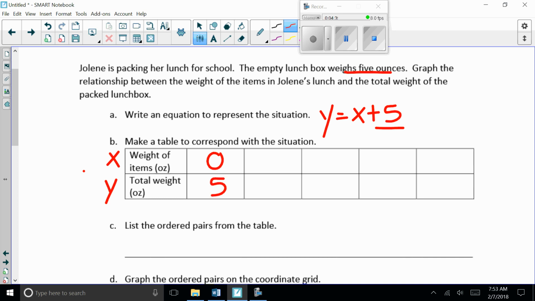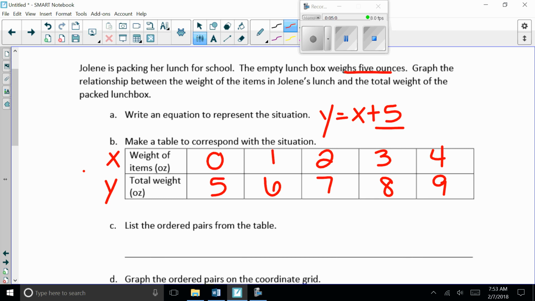So that means when my lunchbox is empty, it'll weigh 5 ounces. If I put an item in that weighs 1 ounce, I plug the 1 in where the x is. 1 plus 5 is 6. If I plug 2 in, 2 plus 5 is 7. 3 plus 5 is 8. 4 plus 5 is 9.